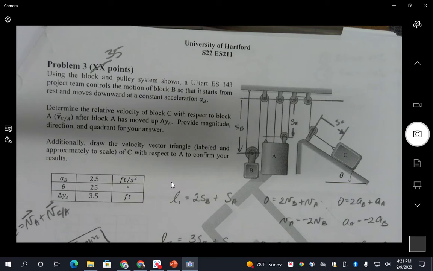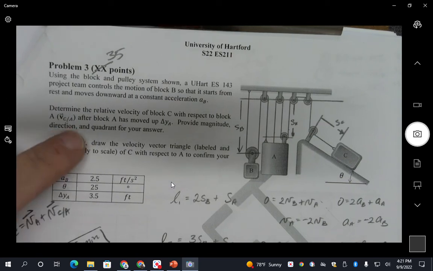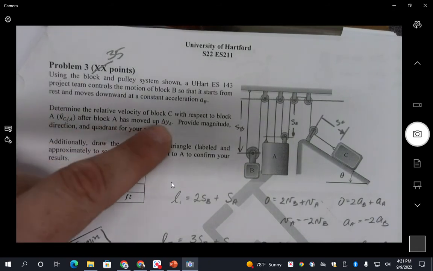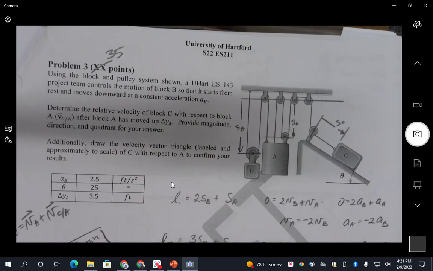Determine the relative velocity of block C with respect to block A, so we're looking for v_C/A, after block A has moved up delta y_A. Provide magnitude, direction, and quadrant for your answer. Additionally, draw the velocity vector triangle, labeled and approximately to scale, of C with respect to A to confirm your results.